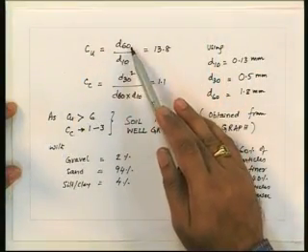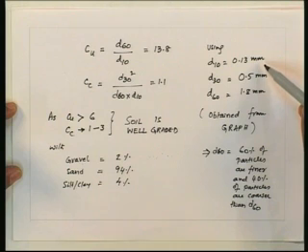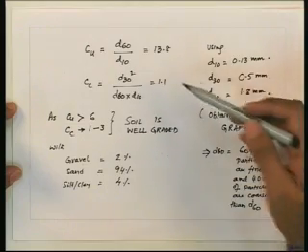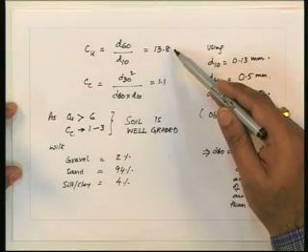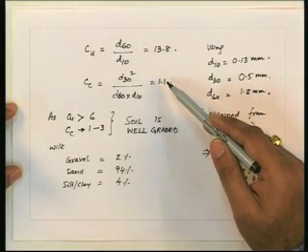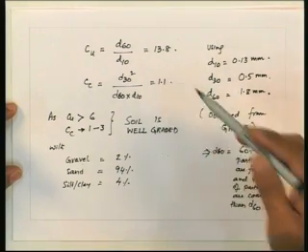The coefficient of uniformity can be obtained by D60 by D10. Here D10 is determined from the grain size distribution curve as 0.13 mm, D30 as 0.5 mm and D60 as 1.8 mm. So, Cu works out to be 13.8 and Cc, which is D30 square divided by D60 into D10, works out to be 1.1.